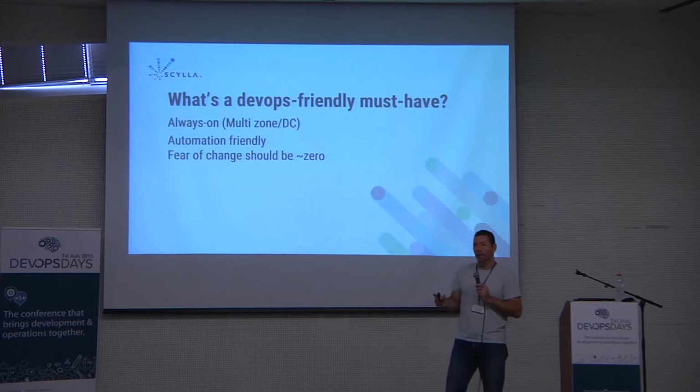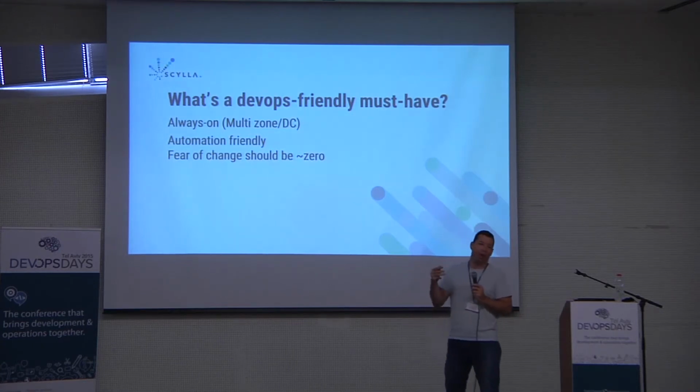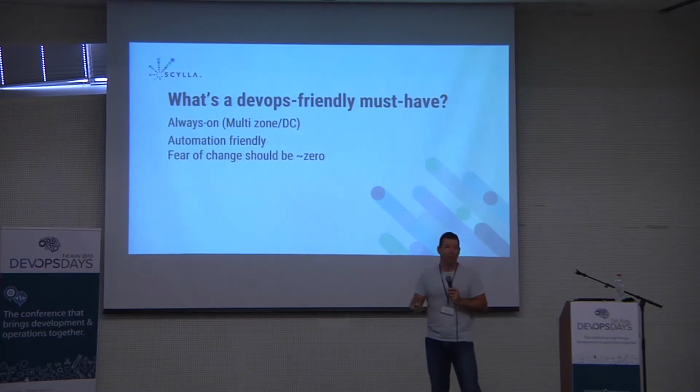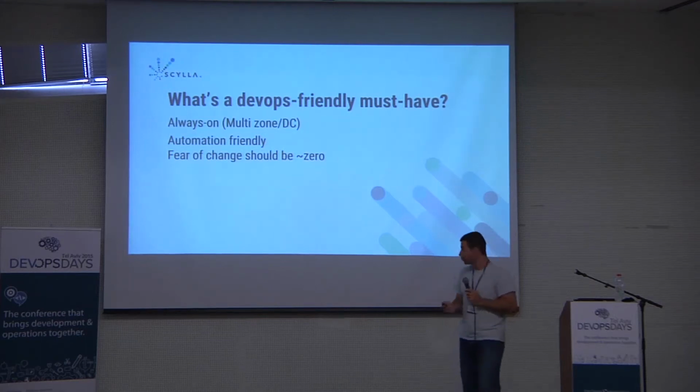That's the main thing because it's also related to automation. If you have good automation, then the risk of change becomes lower. If you don't have it, then of course the risk is huge and you shouldn't do anything. So practically the whole idea is to decrease the fear, and the fear decreases by good properties of the database and your environment, of course.